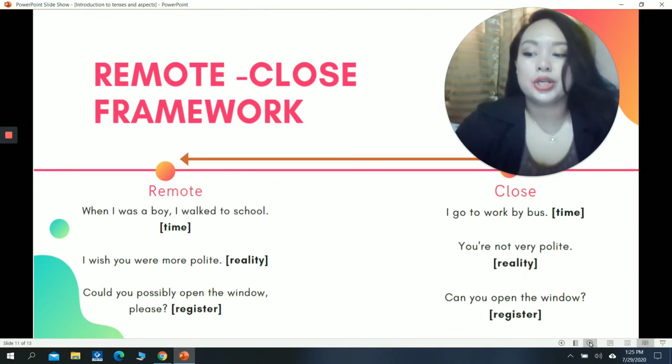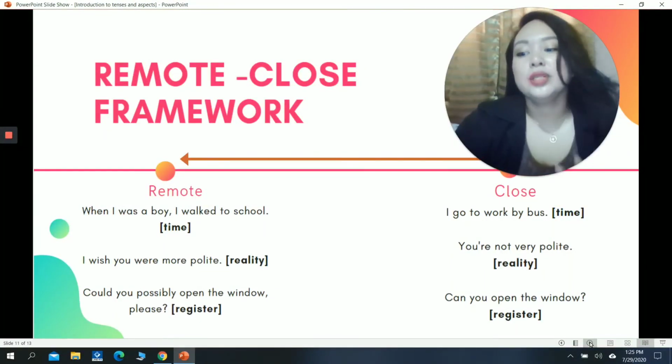Raising your learners' awareness of this remote, close framework can help them when they start to meet hypothetical language. For example, the idea of regret. Let's have an example of a sentence. I wish I hadn't been so lazy is expressed using the past perfect, as it contains two elements of remoteness, past tense and unreality, therefore the speaker was lazy.